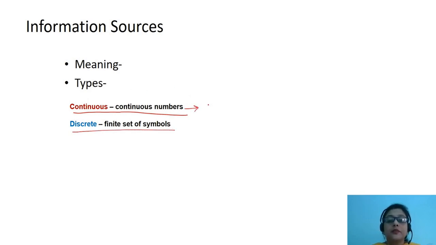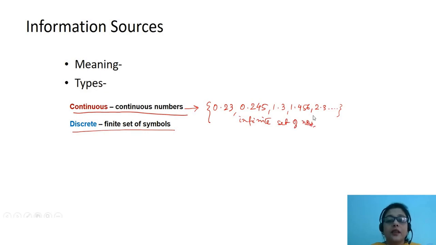For example, we can have continuous numbers like 0.23, 0.245, 1.3, 1.456, 2.3, etc. So this gives a continuous and infinite set of numbers.